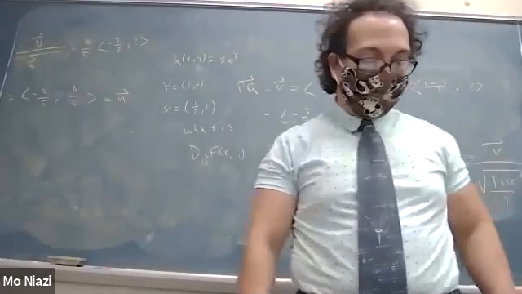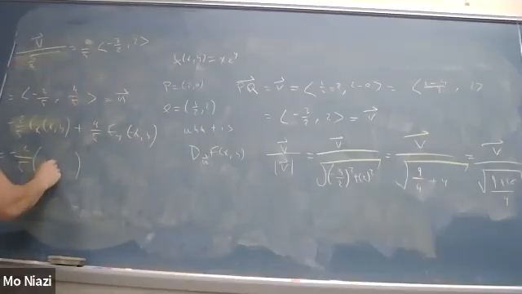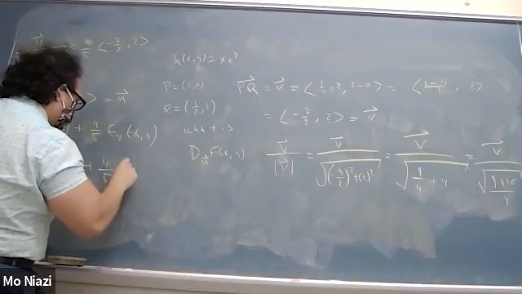So we want to know the directional derivative. Okay. So we want to know this value. Partial x of that is just e to the y.